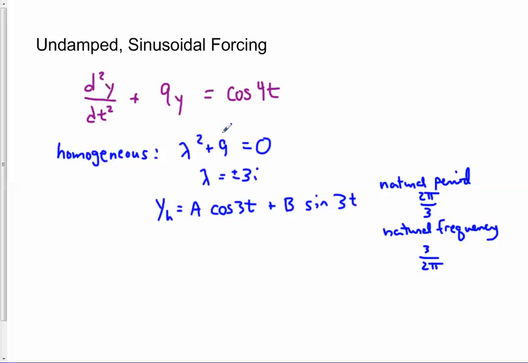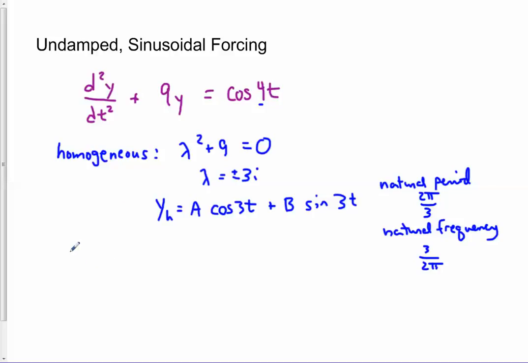Now we include the forcing. There's also this extra force, and it's oscillating, cosine 4t, so it has its own frequency of forcing: 4 over 2 pi.